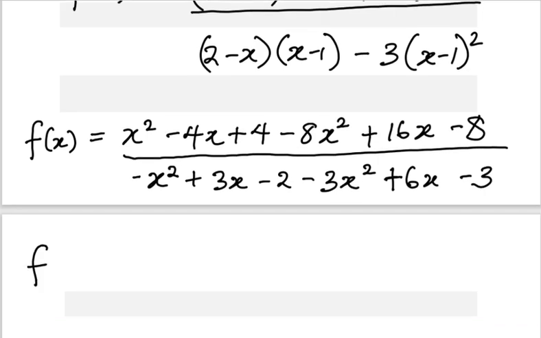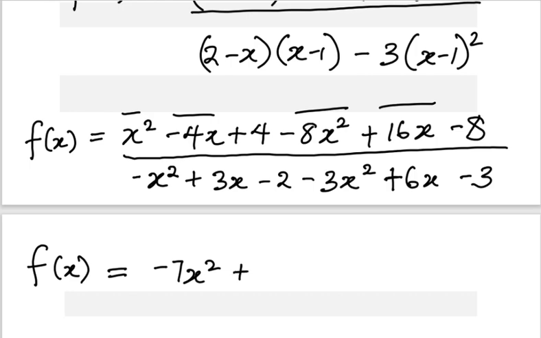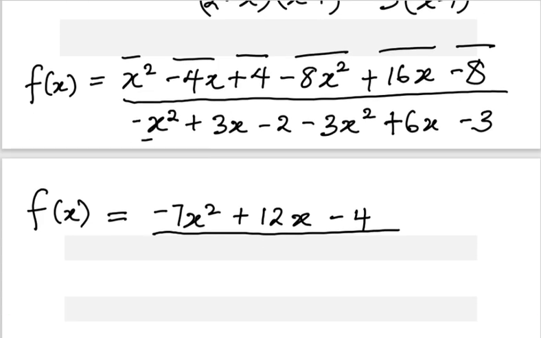So therefore our f of x is going to be this minus this, that is negative 7x squared, negative 4x plus 16x plus 12x, and positive 4 minus 8, that is negative 4, all over negative 4x squared, and 3x plus 6x, that is positive 9x, and negative 2, negative 3 is negative 5.